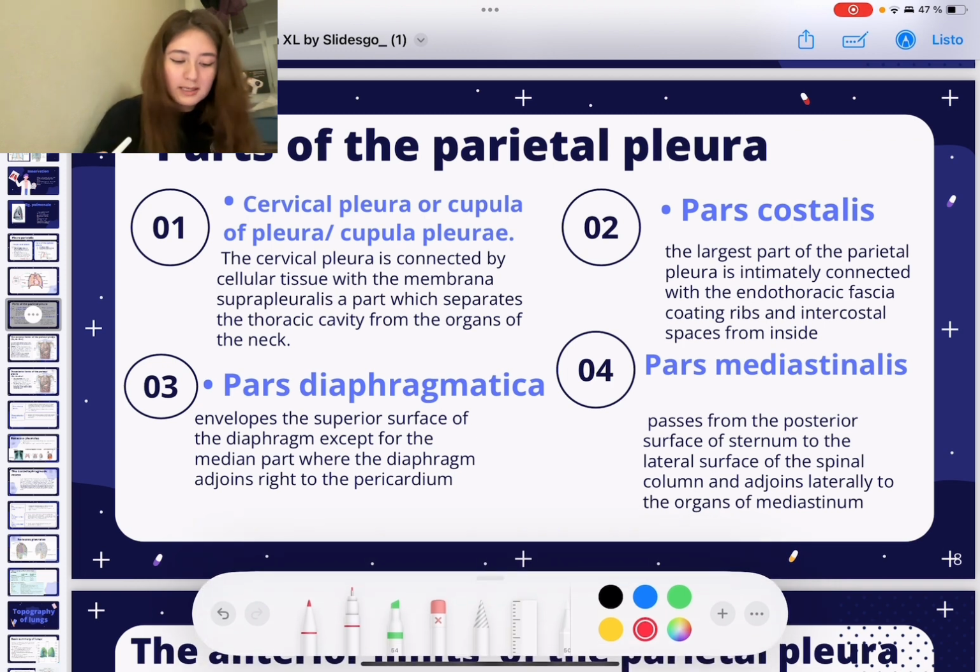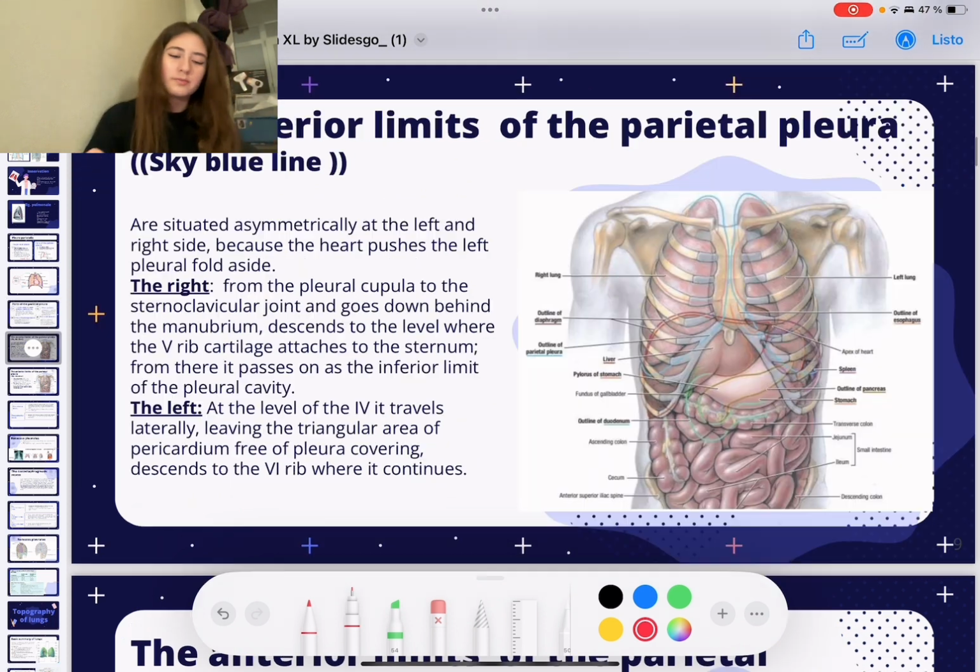Pars diaphragmatica involves the superior surface of the diaphragma, except for the median part where the diaphragma joins right to the pericardium, and the pars mediastinalis passes from the posterior surface of the sternum to the lateral surface of the spinal column and adjoins laterally to the organs of the mediastinum.